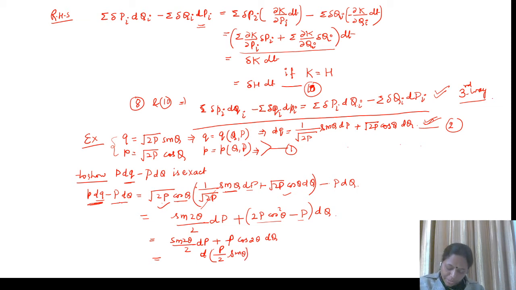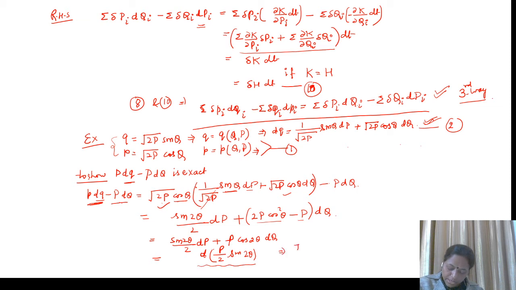If you differentiate p, you will get dp 1 by 2 sine 2 theta, sorry, it is sine 2 theta. And if you differentiate sine 2 theta, you will get p as such, and this will be cos 2 theta by 2. So you are getting twice cos 2 theta. 2 will be cancelled with 2 and you will get this term. So you can get a function.